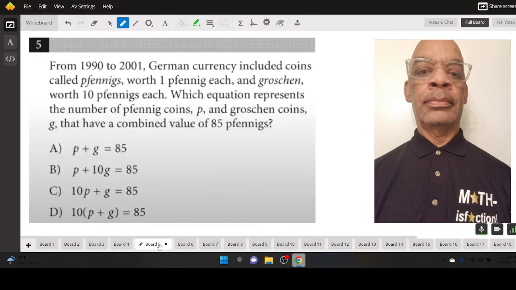Now number 5. Which equation represents the number of Pfennig coins, P, and Groschen coins, G, that have a combined value of 85 Pfennigs? Let's see what's going on in the problem.